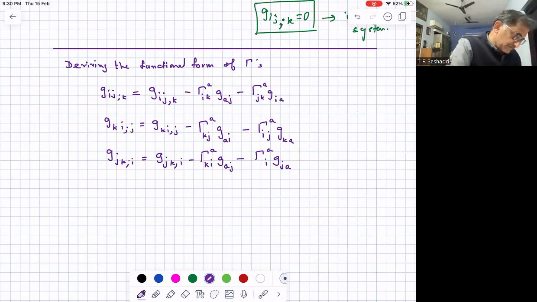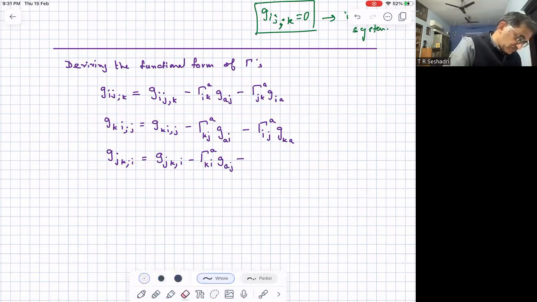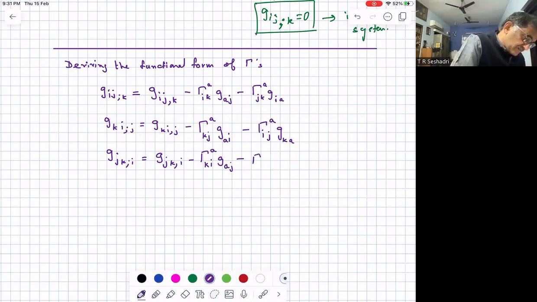I have a mistake. Sorry. I have the derivative of i, which is here. I retain the first term, which is j. Something is wrong here. Wait. So I have gamma, which then I have g.